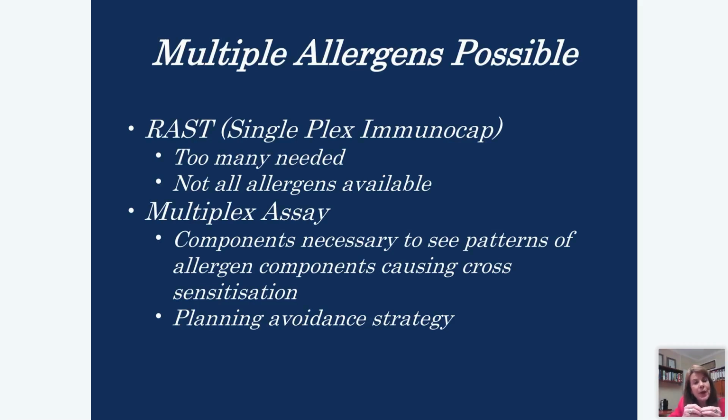That is where a multiplex test comes in, where we do multiple components and whole allergens, so that we can see patterns, so that we can see, is this patient allergic to pollen and food that we can match, and then we can manage her and give her planning and avoidance with that.